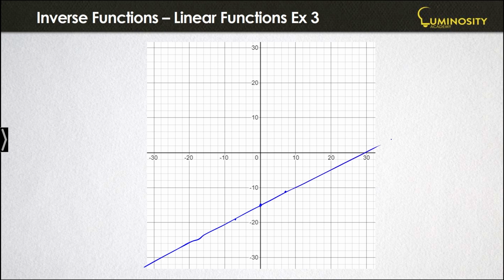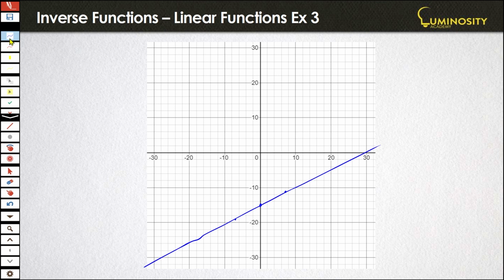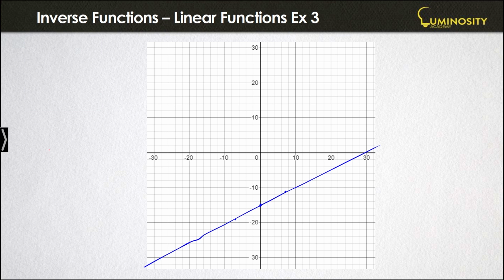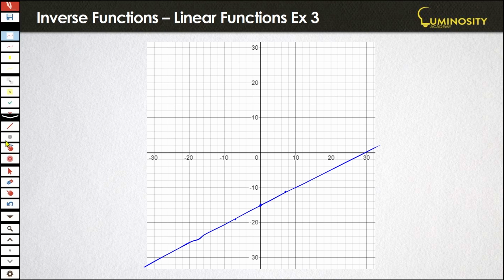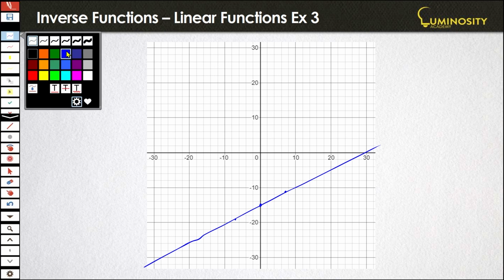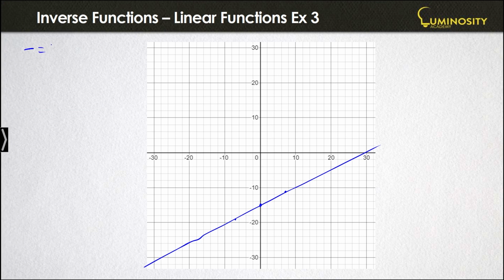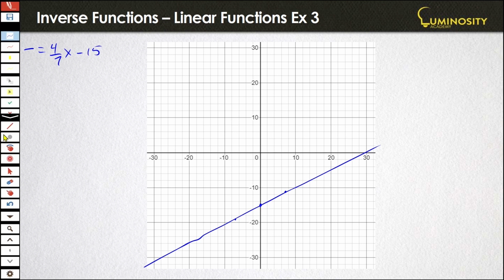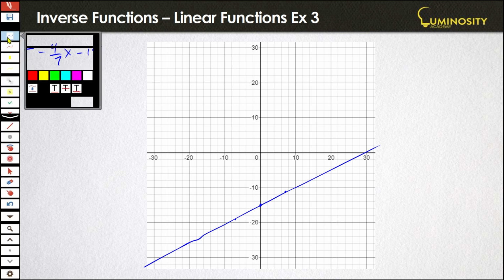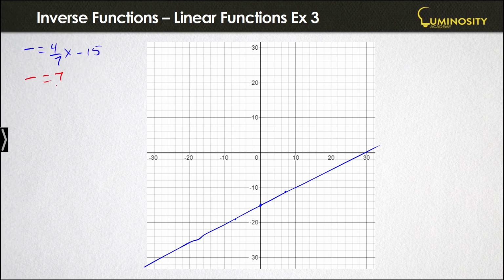And now we want to try to graph our inverse function. So our inverse function was 7/4 x plus 105/4. So actually, let's write these down. So this is 4/7 x minus 15. And this is 7/4 x plus 105/4.